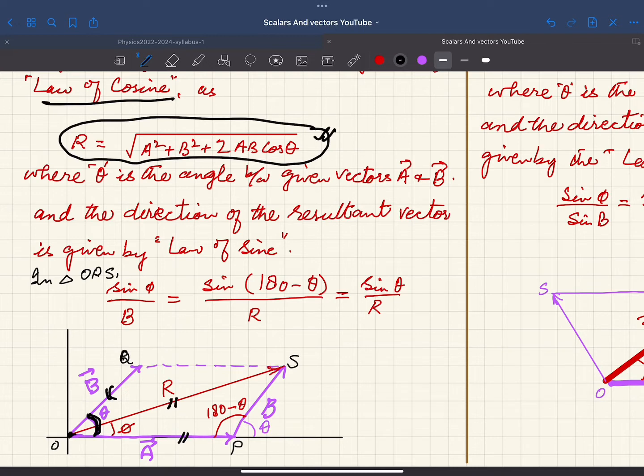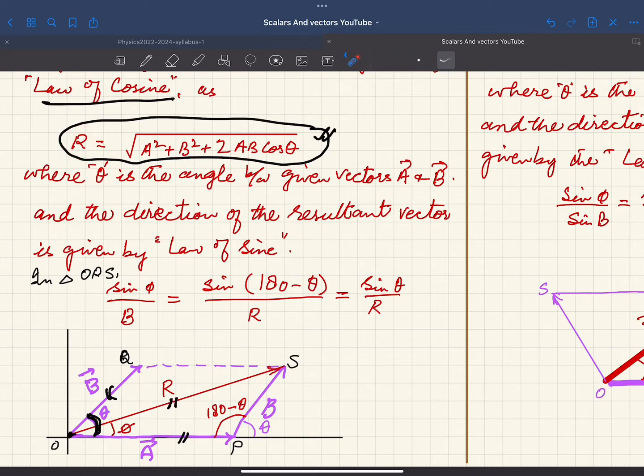So here you have R is equal to square root of a square plus b square plus 2ab cos theta. Remember that this plus is important when you are considering this situation and the tails are coinciding.